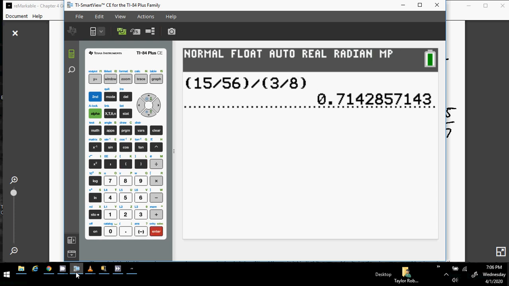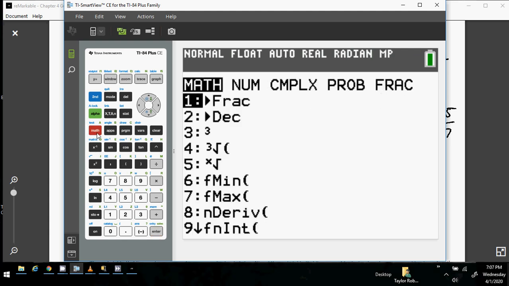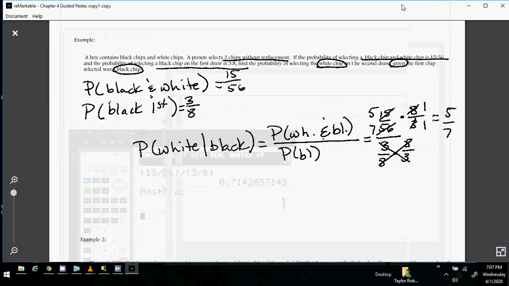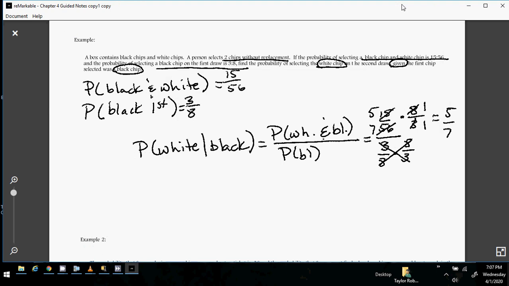And so it brings up 0.714. If we do math, enter, it's going to bring up that 5 sevenths, which is what we got. Okay, so either one of those. So 5/7 or approximately 0.714. Either one of those answers works.